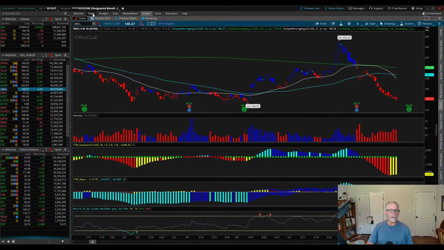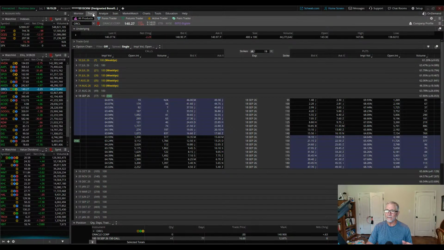So let's go to the trade tab, and it'll tell you exactly how much money I'm down. I bought a 150 call, September the 18th, and I paid $16 for it.